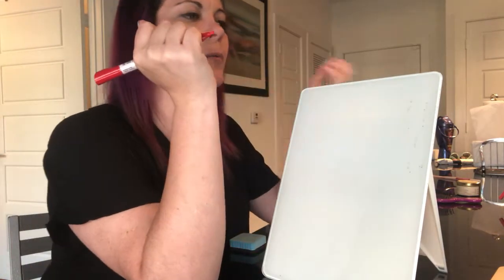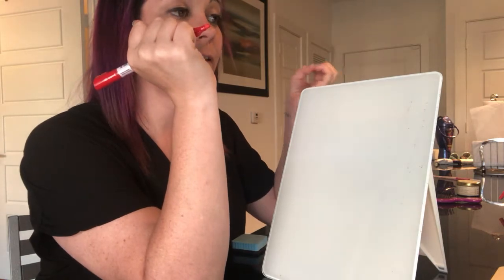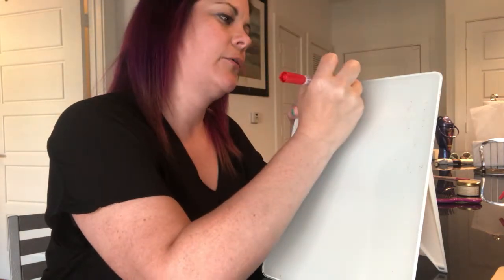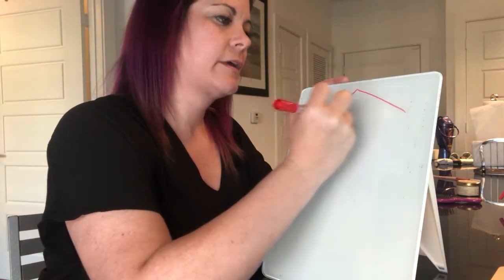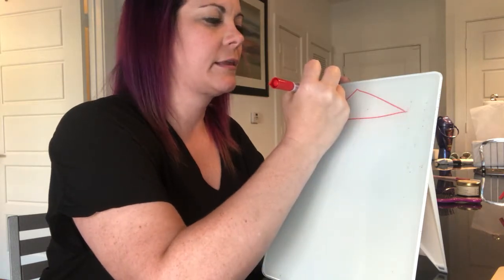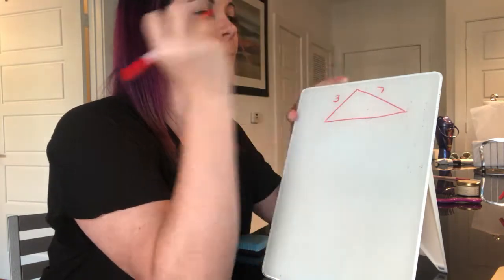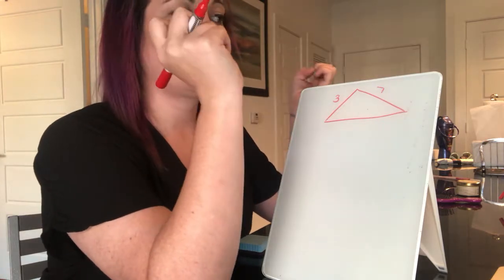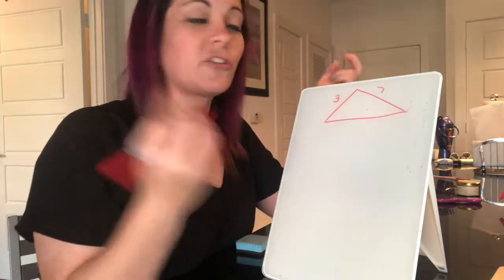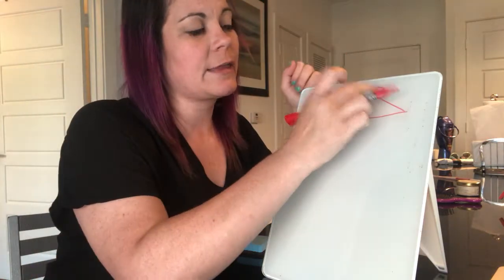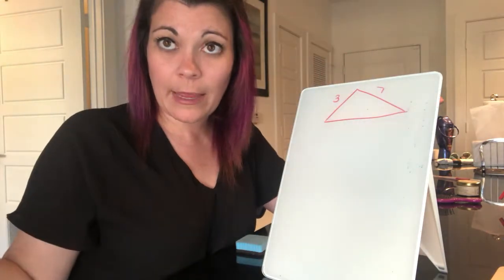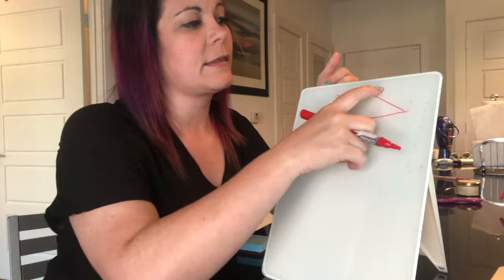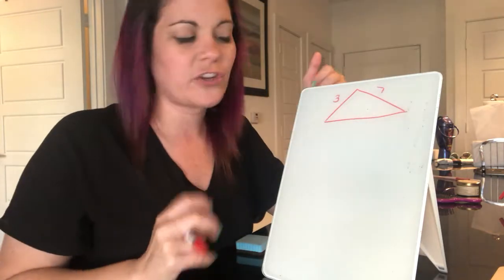So given a triangle with sides of lengths 3 and 7, we're given the side lengths 3 and 7, and it says find the range of possible values. So the first thing, there's two scenarios. We can say that 7 is the longest side, or we can say that 7 is one of the two shorter sides.